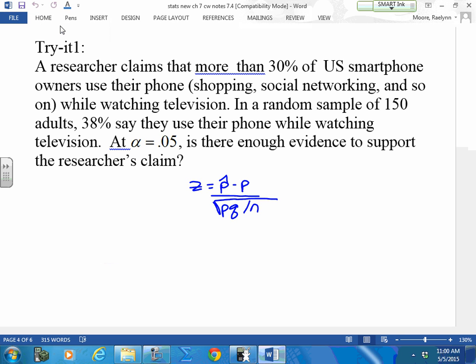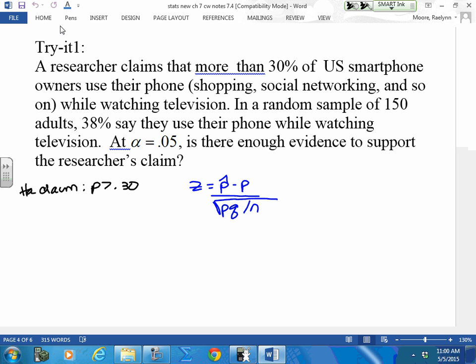Okay, claim. Brianna, give me the claim. It's an HA, okay, and good. P is greater than 0.30. 30%, put it into a decimal.